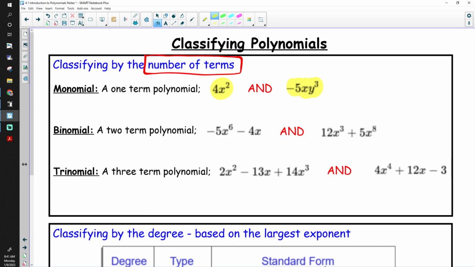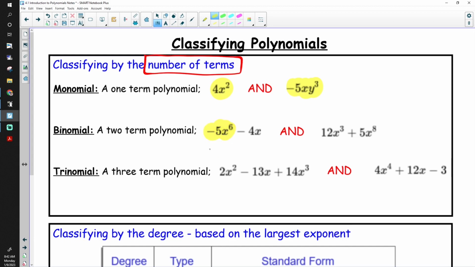A two-term polynomial is called a binomial. Because again, bi in Latin means two. And tri means three. That's why we call a bicycle a bicycle and a tricycle a tricycle. So a binomial, again, is the fancy name for a two-term polynomial.